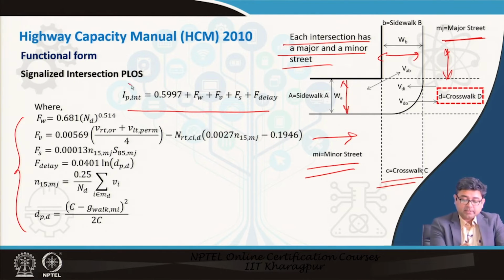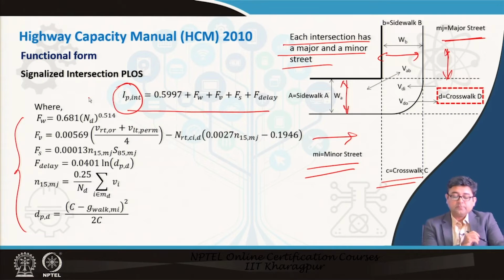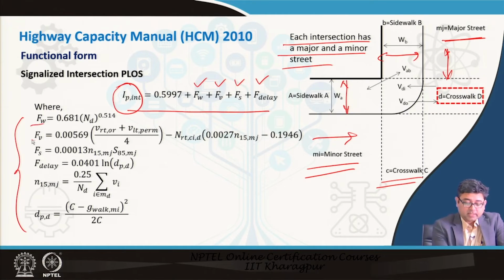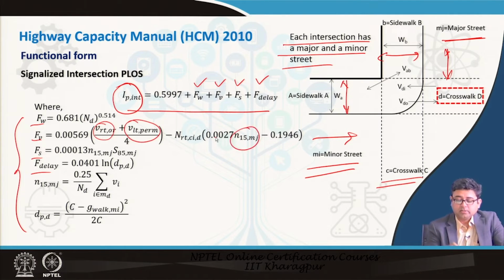What the Highway Capacity Manual tells you is that the intersection pedestrian level of service score is given by a formula or a model or a linear regression equation, which is a function of these 4 different elements. These 4 elements are further given by certain standard formulas, and the inputs to these formulas have to be collected on the street.